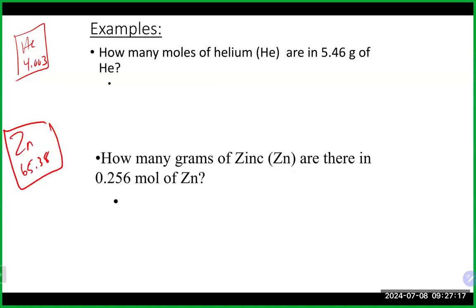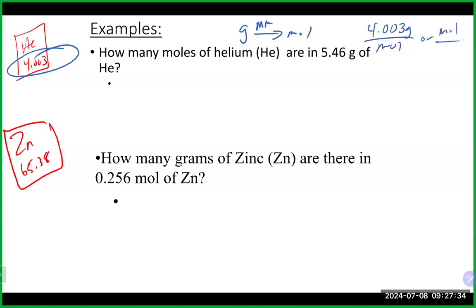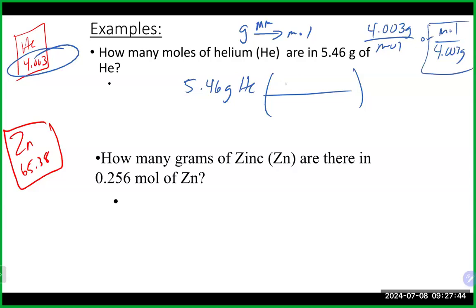So first one, we want moles and we have grams. So once again, this is going to be a grams to moles conversion. That's going to be the molar mass from the periodic table. That's going to tell us the molar mass is 4.003 grams per mole. Again, we can flip it around if we want to use it more as a conversion factor. So here we're going to start with our 5.46 grams of helium. We want to go opposites to cancel, so we will use it in the opposite location as a conversion factor.